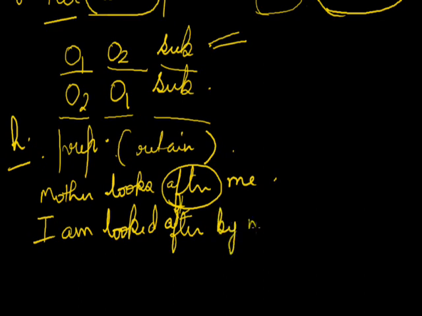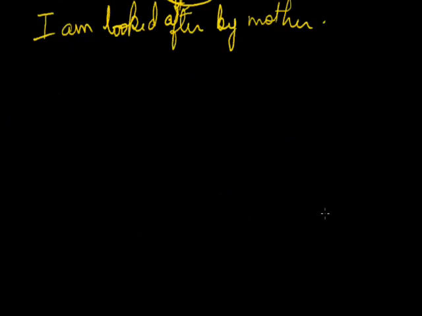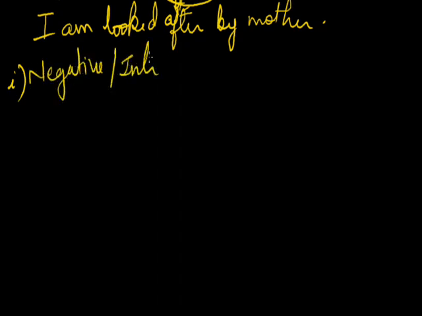Next one is that negative and interrogative sentences retain their negative and interrogative form in passive voice. If you are talking about a negative or an interrogative sentence, then it also retains its negative and interrogative form in the passive voice.